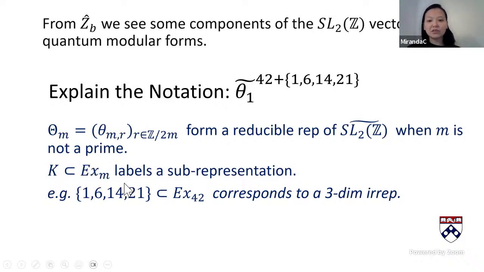Exact divisors meaning that, for instance, 6 is an exact divisor of 42 because 6 is co-prime with 7, and 6 times 7 is 42. So for instance, in this case, the sub-representation corresponds to this subgroup with 4 elements. And I could tell you it corresponds to a 3-dimensional irreducible representation.